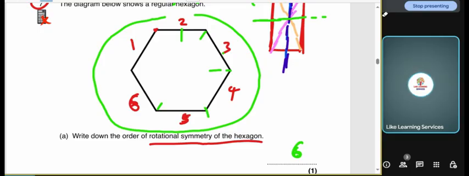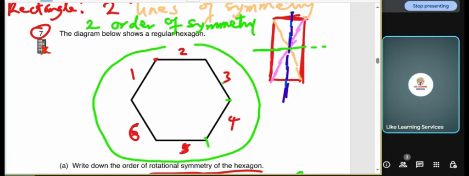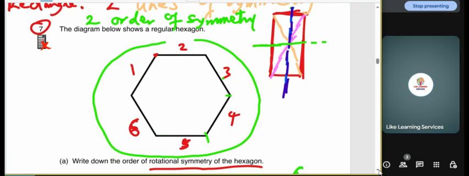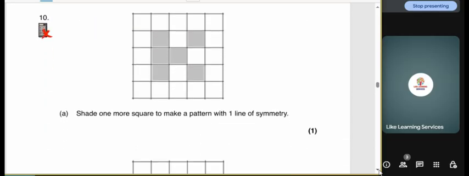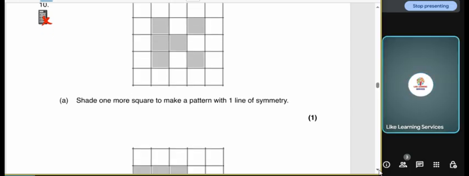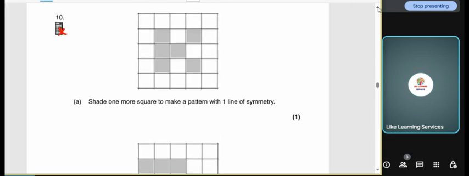Let me give you this to try. The ones that have grids, like this one. Can you see number 10?